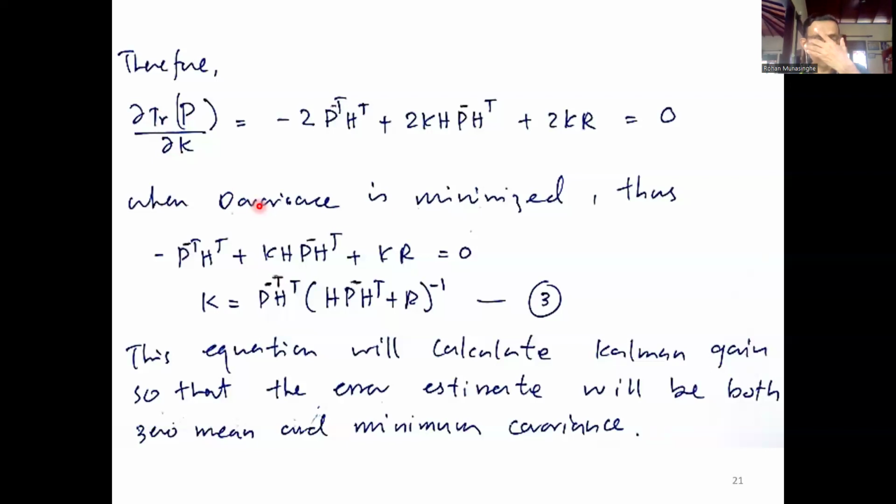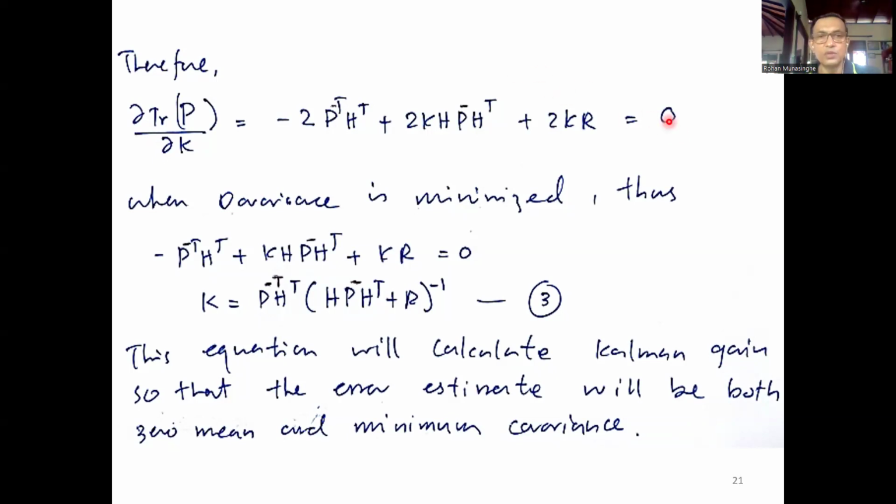The trace partially differentiated with respect to Kalman gain is this, and this has to be 0. We set it to 0 and find out the exact Kalman gain, to minimize the mean error to 0 and minimize the variance.